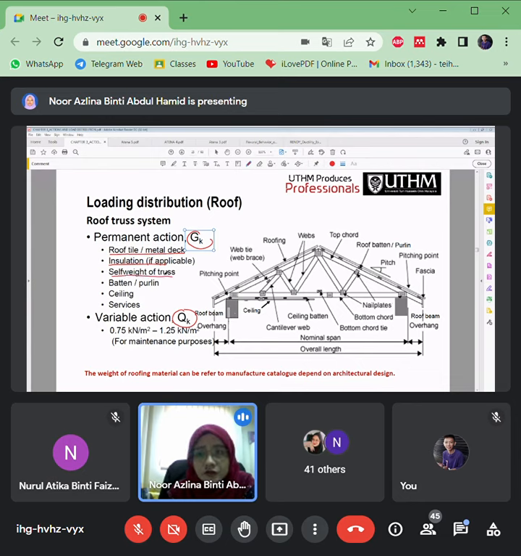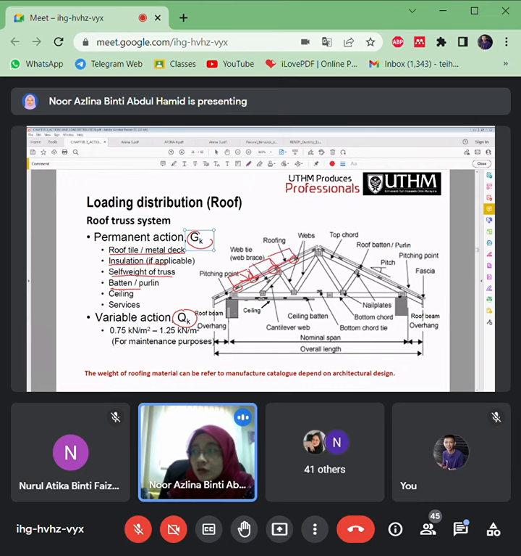Then the self weight of truss. If this truss is made of steel, it should be multiplied with the unit weight of steel, or timber, right? And then there are battens or purlins. If you look here, these are all the battens and purlins that will support the metal deck system, because the metal decks have short lengths.